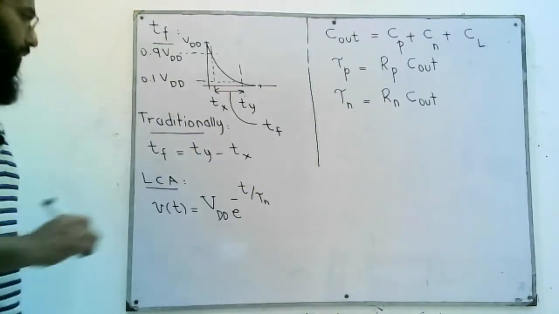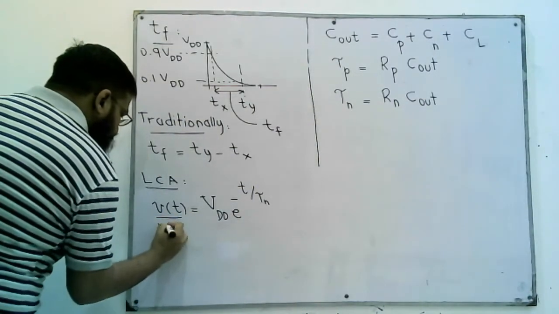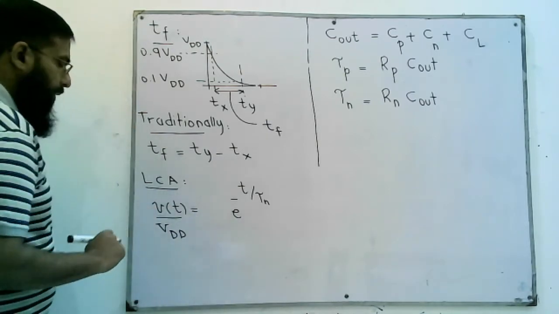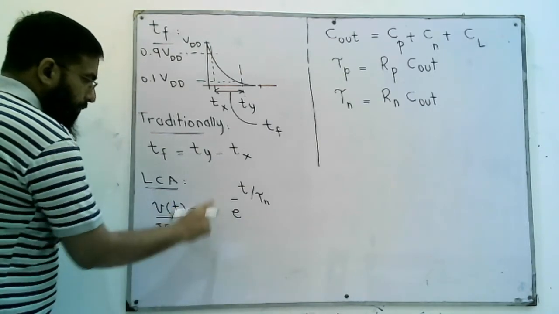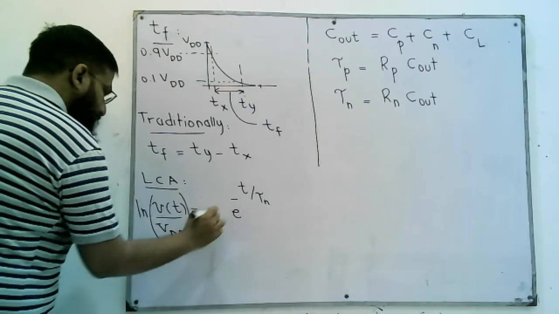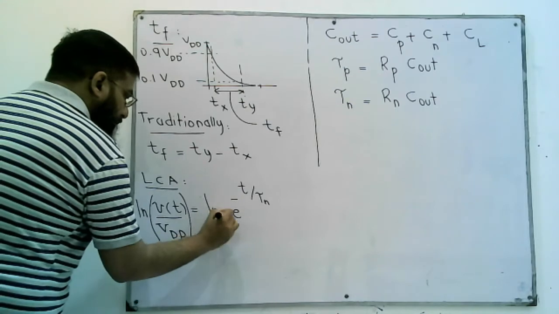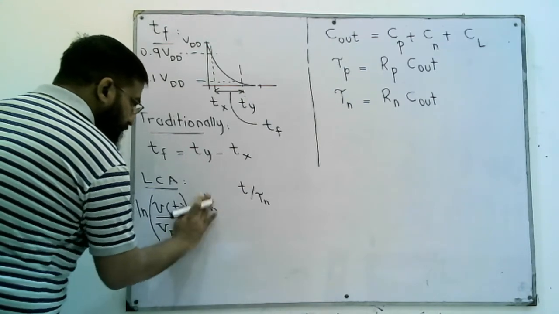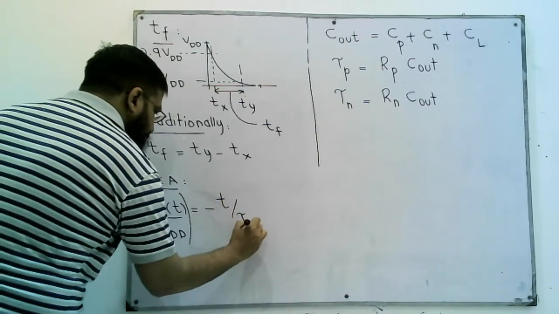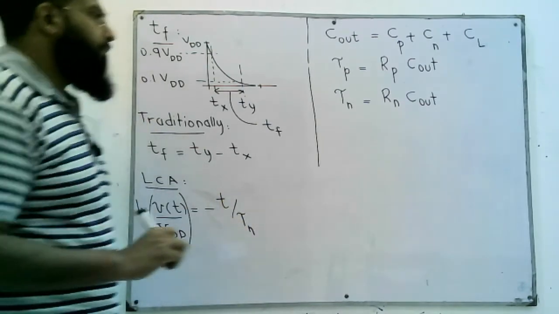So let's start. If we divide by VDD here, this becomes like this, and in order to get rid of this exponent, let's compute log on both sides. If we compute log of e to the something, it cancels and becomes minus t over tau n.